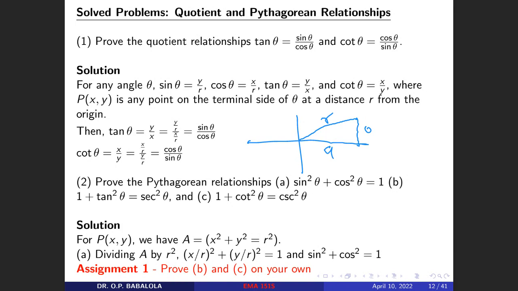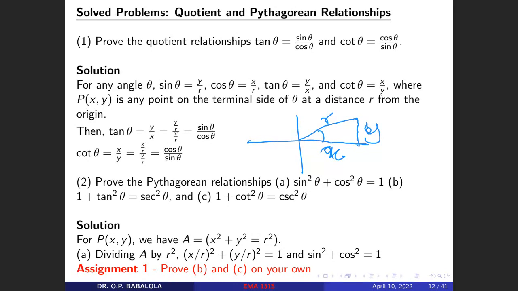Now let's use the same xy. Okay, let me call this x, and this y, and this r, and this is the angle. So it's opposite over hypotenuse. Thank you. And what is the opposite? It's y, and the hypotenuse is r.